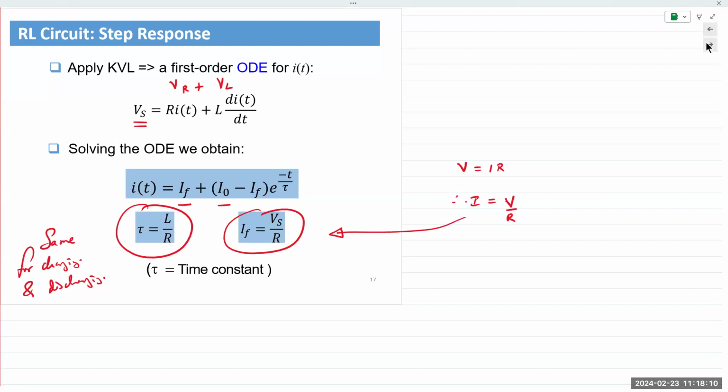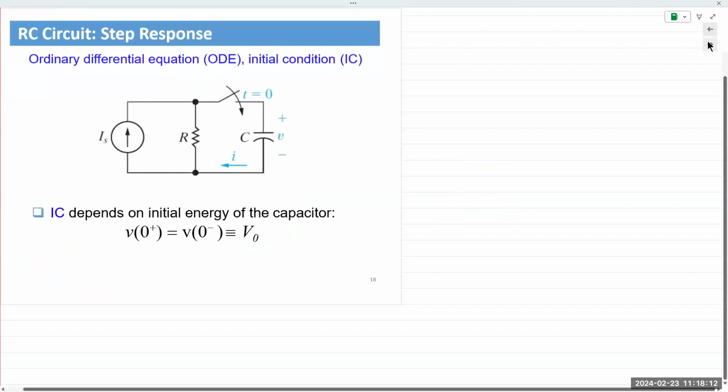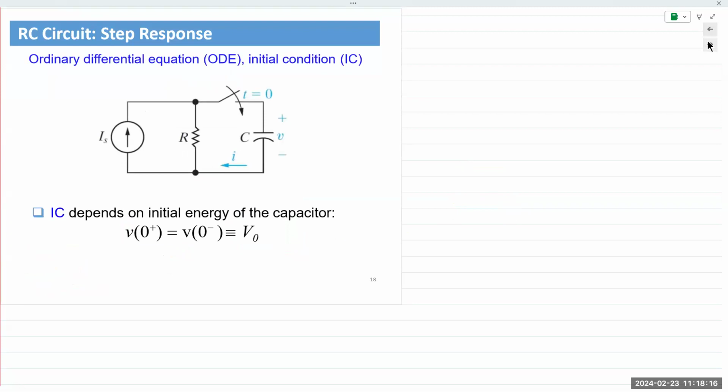And same thing for the capacitor. We want to write an expression for the voltage across that capacitor, but I'm showing a current source Is, time t equal to 0. The current source is connected to the capacitor, starts charging. And I apply KCL. Is is IR plus IC.